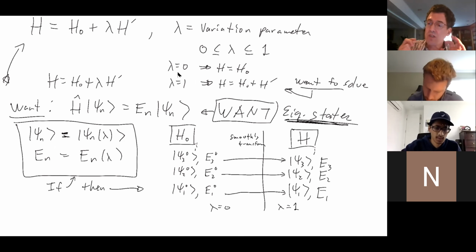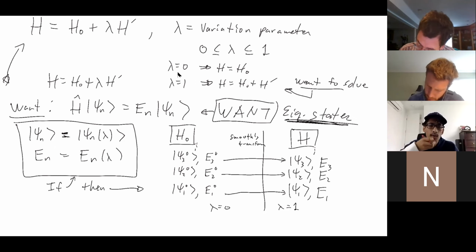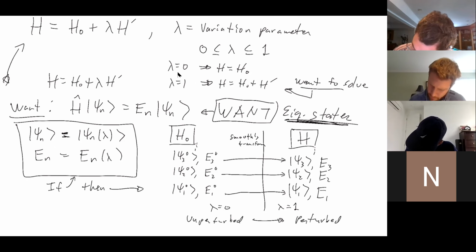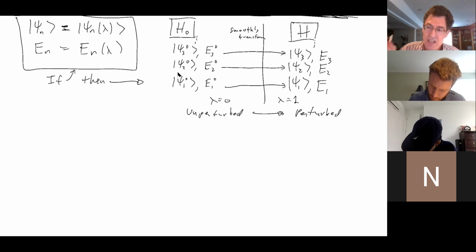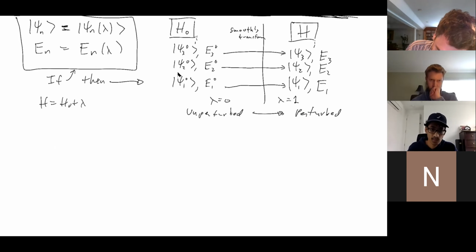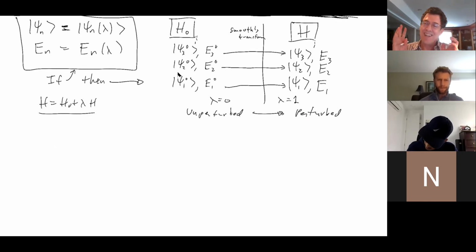It means I can smoothly transform from the unperturbed state to the perturbed state. And why is this important? Because if H equals H naught plus lambda H prime is true, then I can write this.